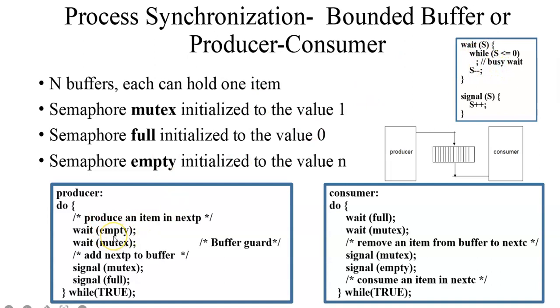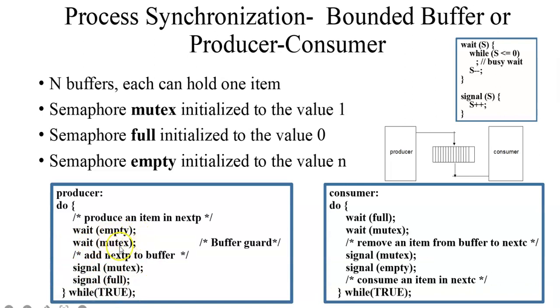The producer process must have some empty buffers to produce and store the item. If there are some empty buffers, that is the empty value is greater than 0, then it decrements the empty buffer count. That's why the producer will call wait on empty. And then if there are empty buffers, it continues further.